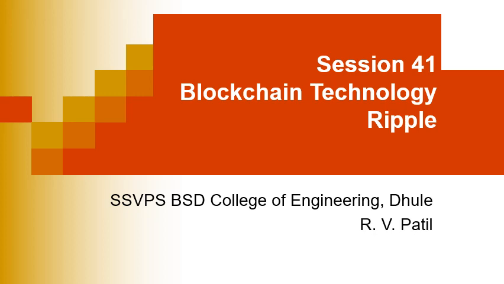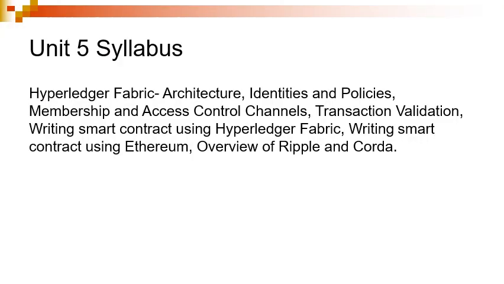So we have to understand Ripple and its components. You can see the syllabus of this unit 5. We are studying the last topic of this unit. We have to take the overview of Ripple.